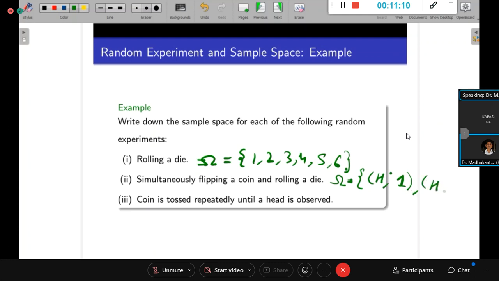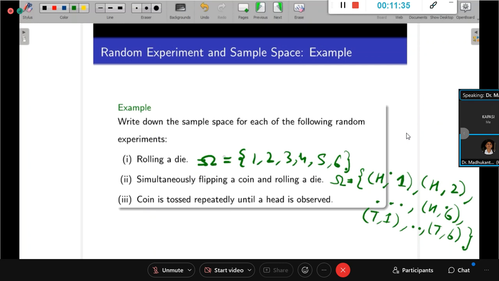First head, second can be 2, and so on, till 6, any possibility. What remains is that the first one could be tail, so you have another 6 possibilities. This is very quick to write.